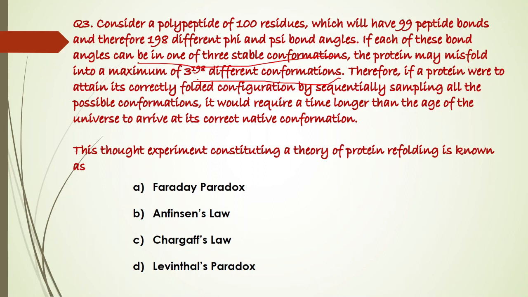But that is not the case. If that was the case, the entire biological system would have failed. That is the paradox that scientists have been trying to solve for years, how the protein is able to identify its native structure so quickly.